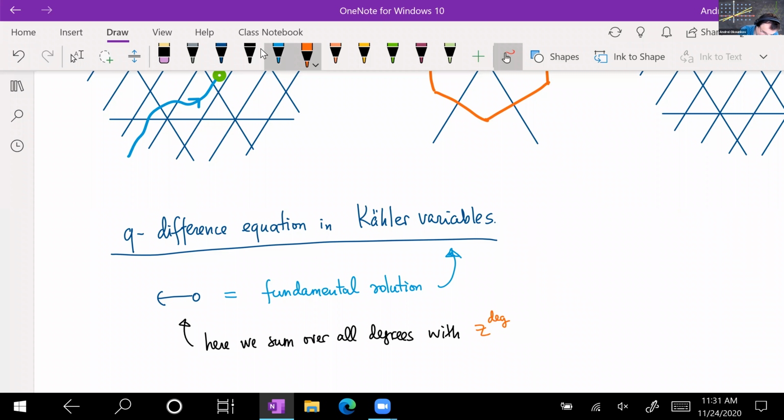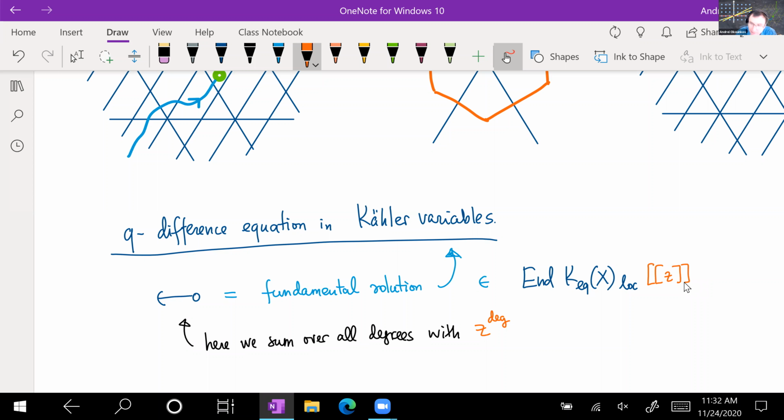This fundamental solution is an element in K-equivariant endomorphisms of X, also localized, with formal power series in z.